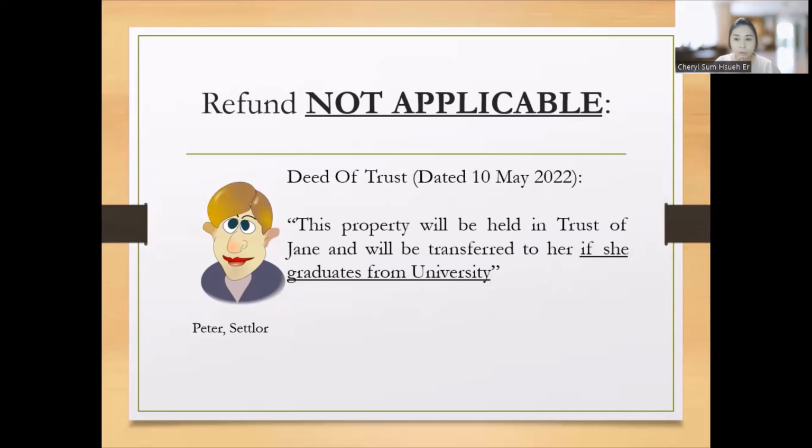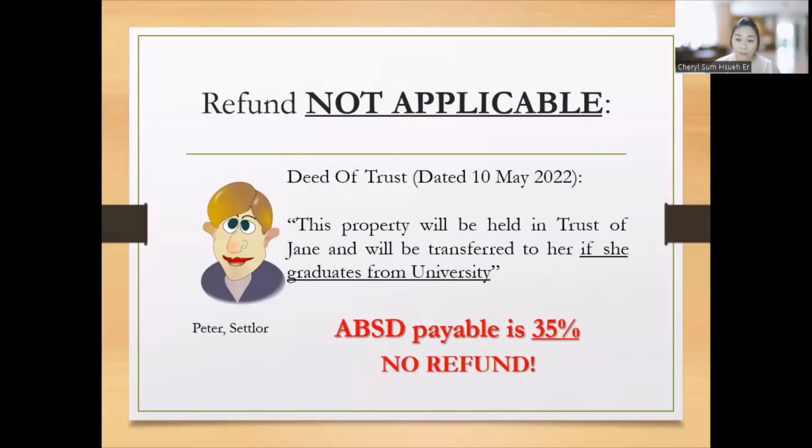In this case, we say that Jane as a beneficiary does not have vested interest on the day the trust is being set up, because it is determined based on uncertainty in the future. In such circumstances, ABSD is payable at 35%, and there will be strictly no refund.